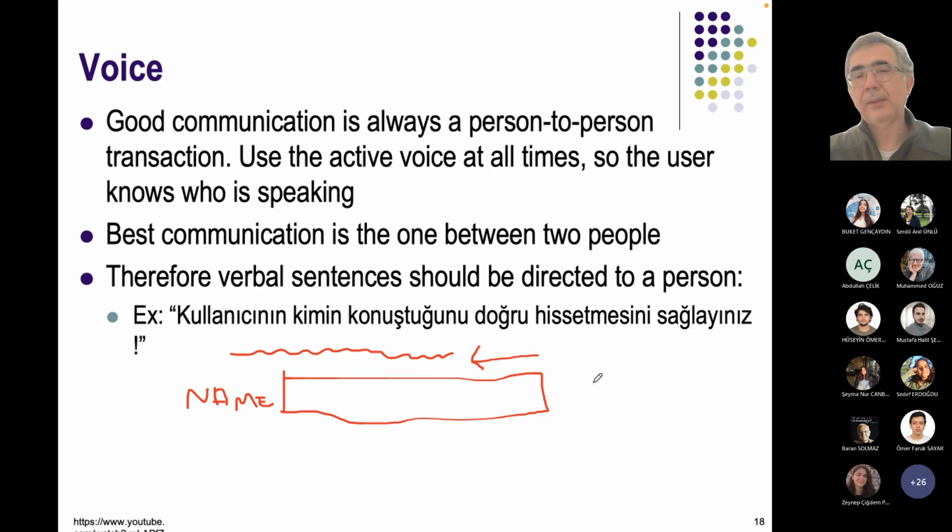It's good for good interaction. As I said, we should always use proper language.